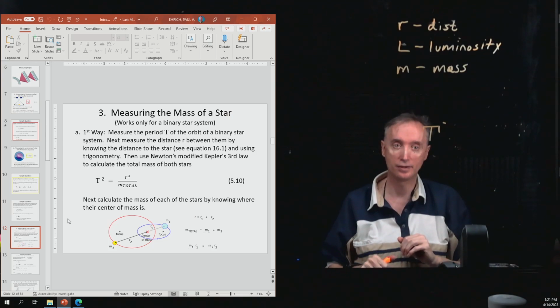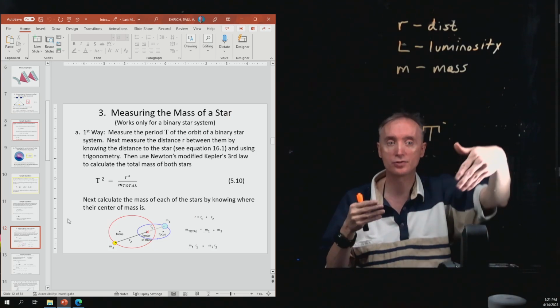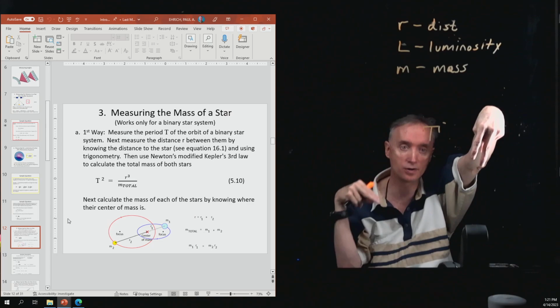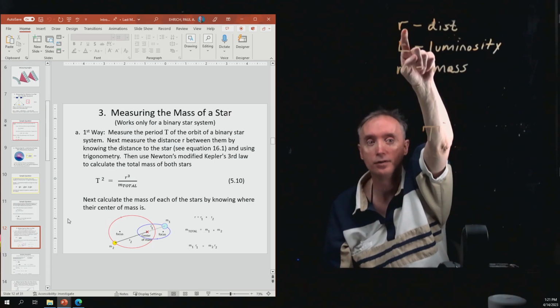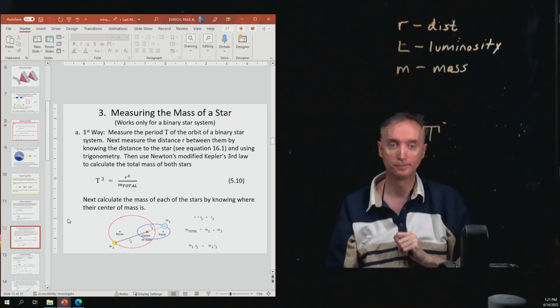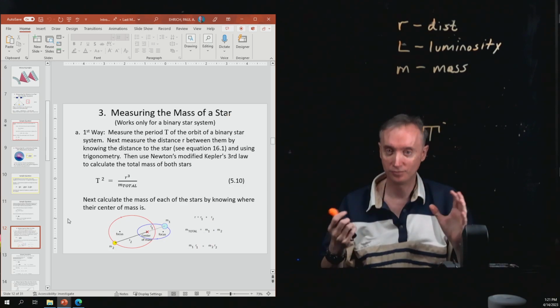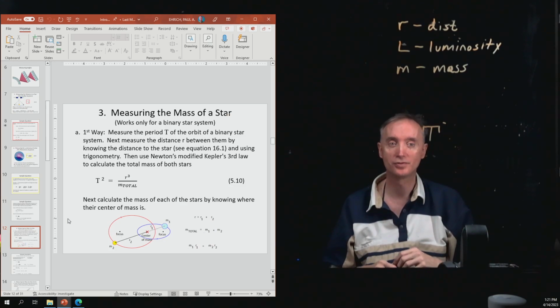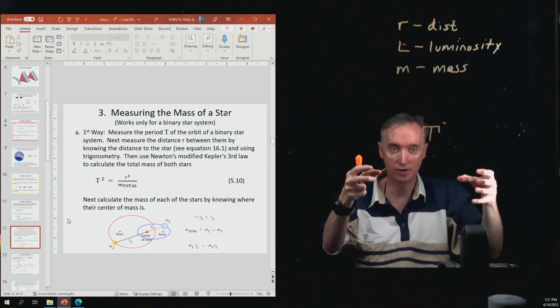You're not going to do that. But we could measure the distance to the two stars from up here by using the parallax formula. So just know that it's possible to measure the distance between the two stars.